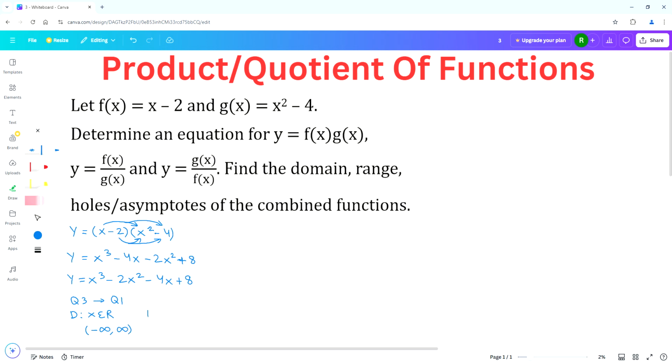The range for this polynomial function is y ∈ R. Because there is no restriction on the range, the graph of this function spans the whole y-axis. We can write this range in interval notation as negative infinity to positive infinity.